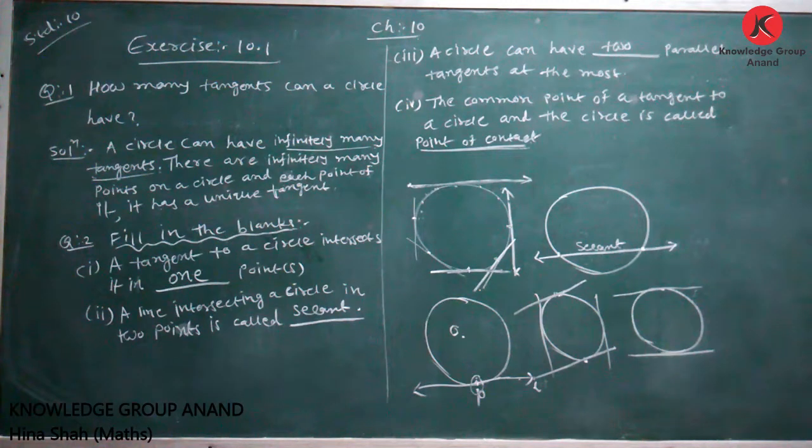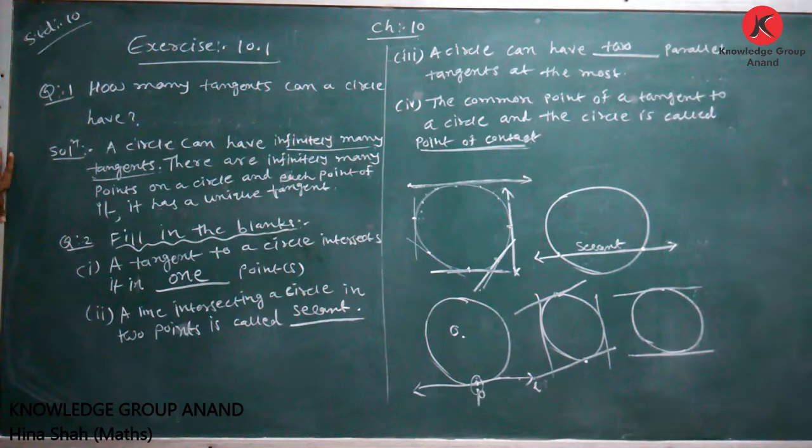Okay. How many tangents can a circle have? A circle has infinitely many tangents. There are infinitely many points on a circle and each point of it has a unique tangent. A tangent to a circle intersects it in how many points? 1 point.